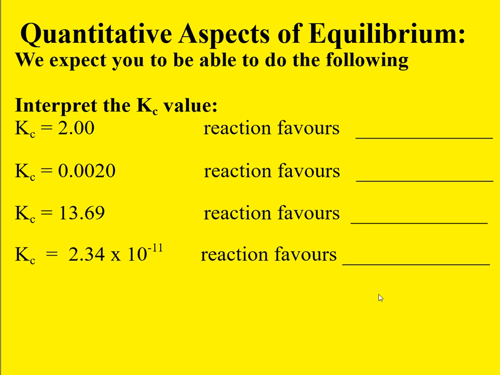Let's do a practice. Okay? We expect you to be able to do the following when we interpret what the Kc value means. I'll give you about a minute to figure this out before I show the answers. Hopefully you've tried it on your own and see if you got the right answers.